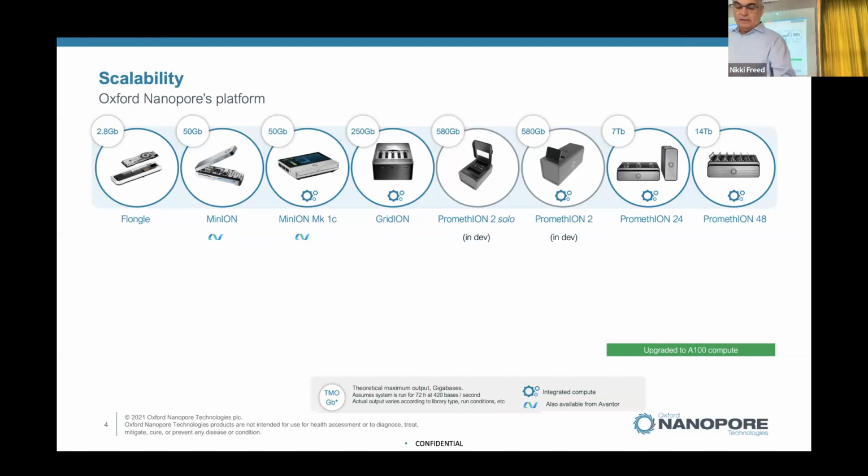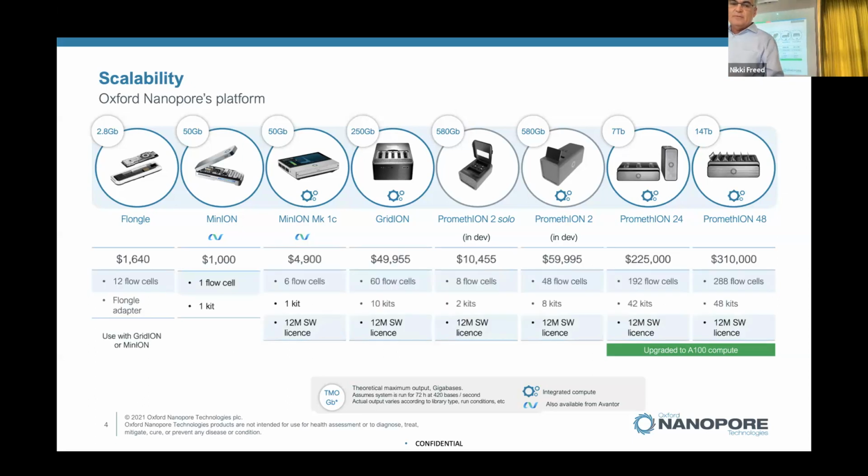So I won't unpack those in any detail, but it means you can choose to use the device that best suits the sort of work you're doing, the size of the flow cell, the number of flow cells, and whether you need GPU power for base calling or other analysis, or whether you've got plenty of power online in your own IT infrastructure locally. So again, more options, but it means you can find a nice, perfect fit for your scenario.